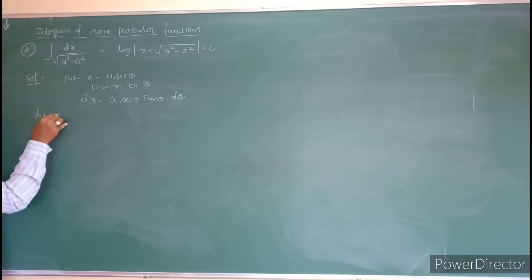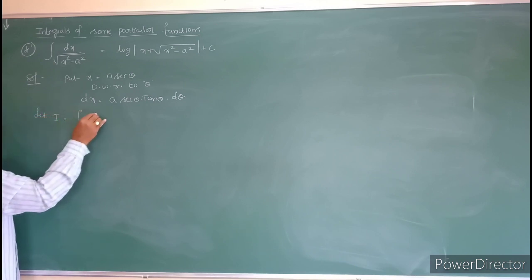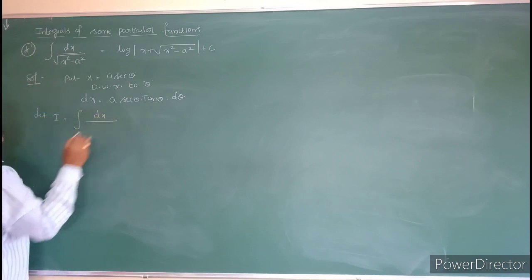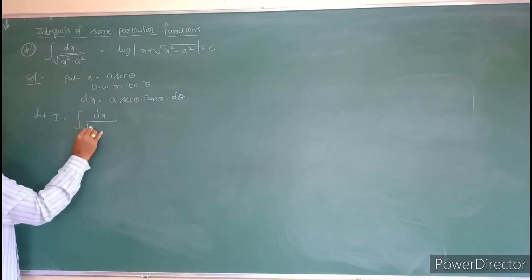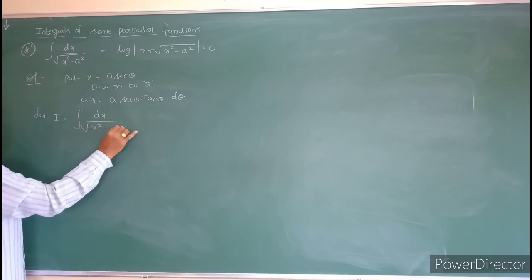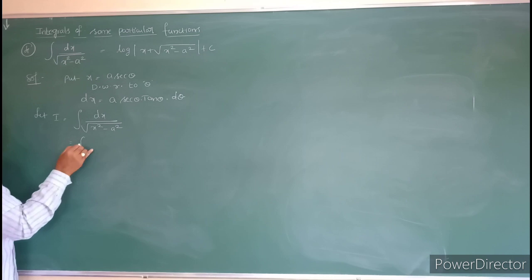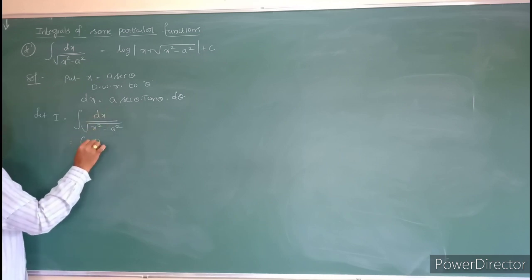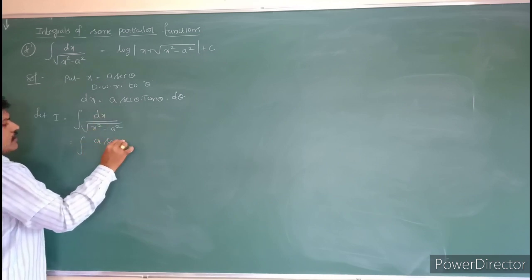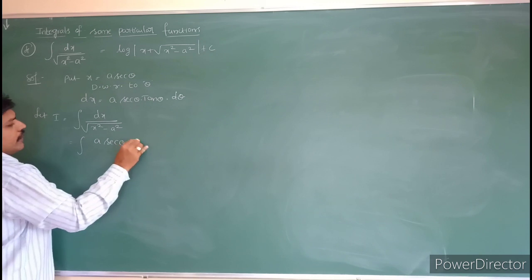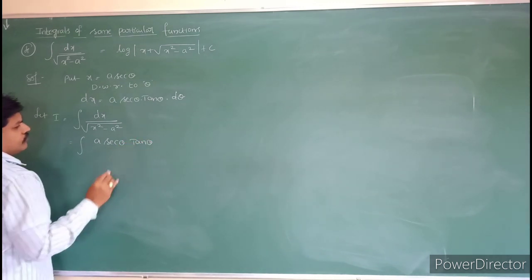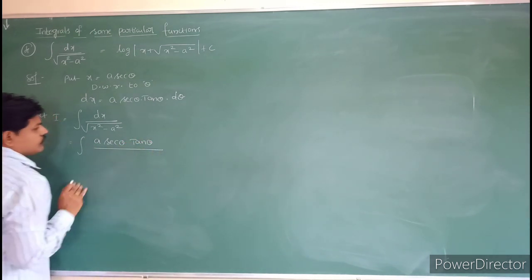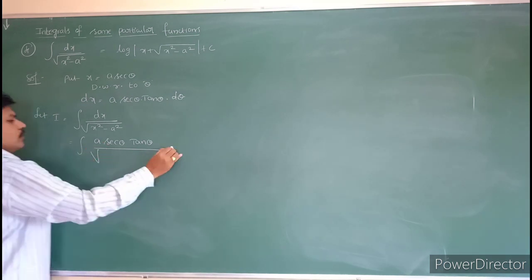Let I is equal to integral of dx by root of x square minus a square. So that is equal to integral of, what is the dx value, a secant theta into tan theta by root of x square minus a square into d theta.